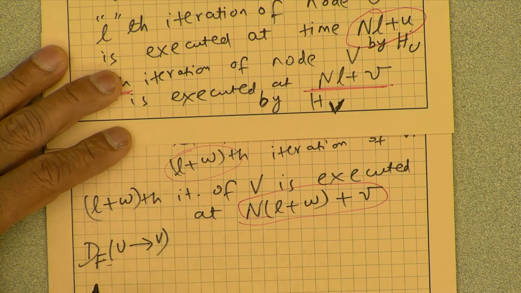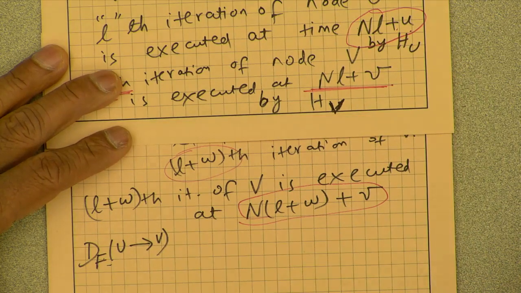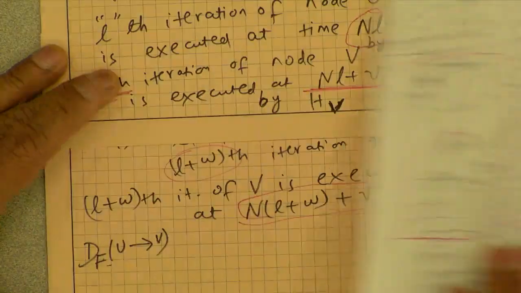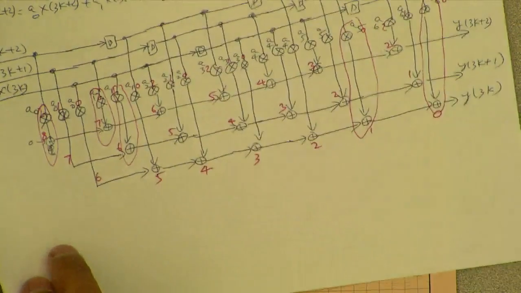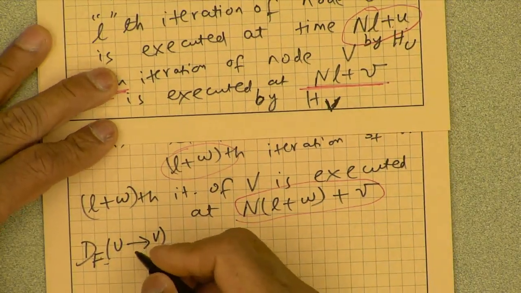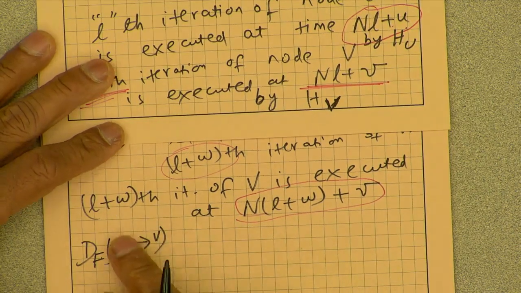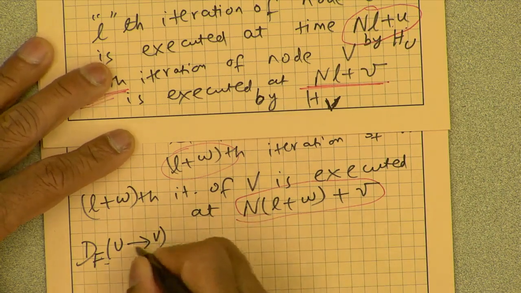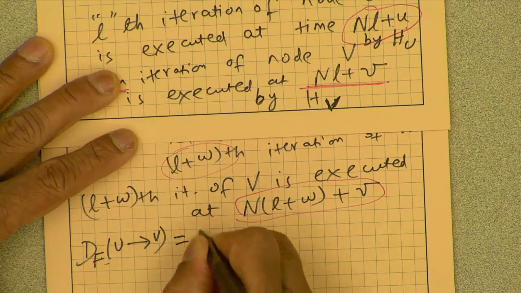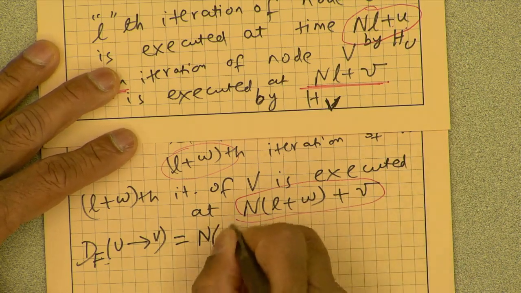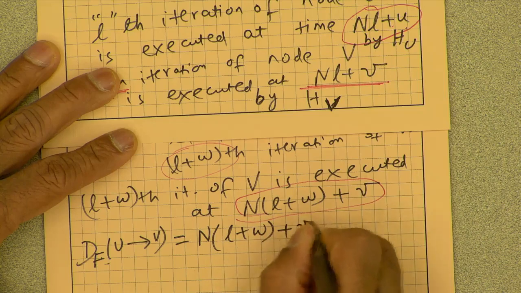Just like the algorithm data flow graph, think about the architecture also as an architecture data flow graph. So think about this as the architecture data flow graph, and this as the algorithm data flow graph. The number of delays in the folded data flow graph, well, it should be from HU to HV, but that's okay, is equal to the time I need to use that result, n times L plus W plus v, minus the time it was produced.